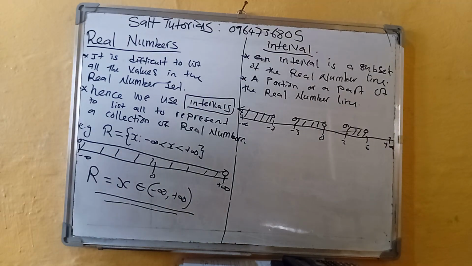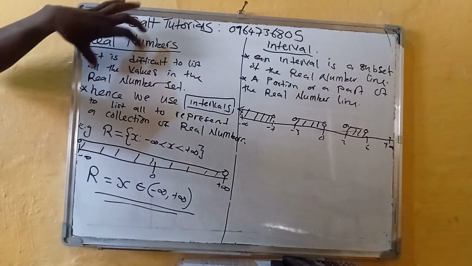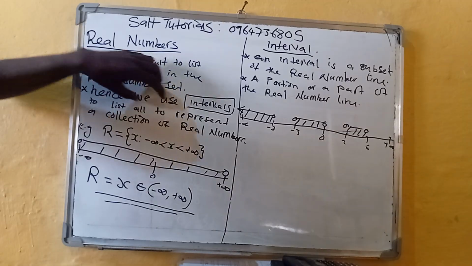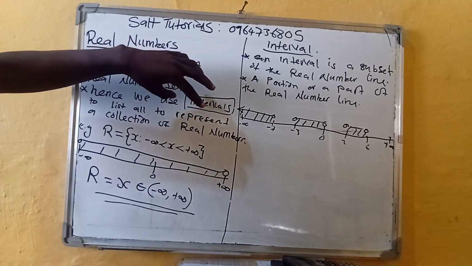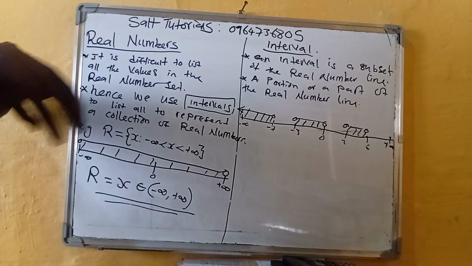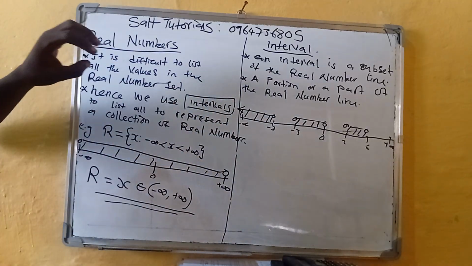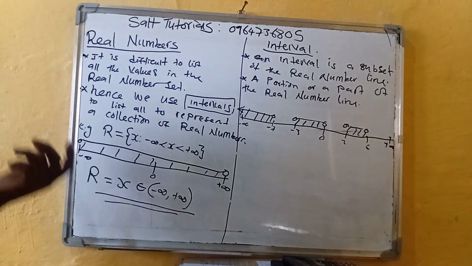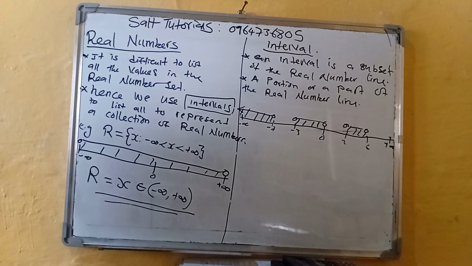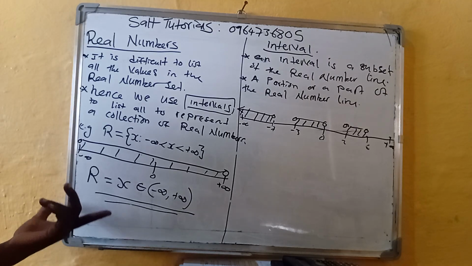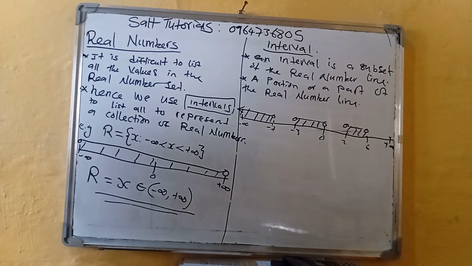So if that is my interval, we're simply saying, representing a real number line set, we use intervals. Anything coming from the real number line, anything coming from the real number set, we'll use intervals to describe such a set. So the best is to use the intervals. So we'll look at representation of these intervals.